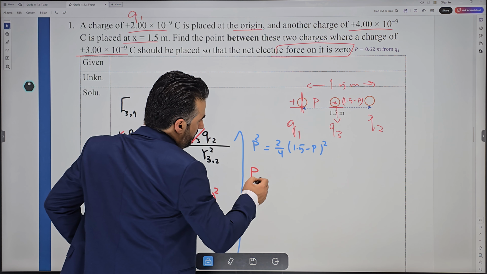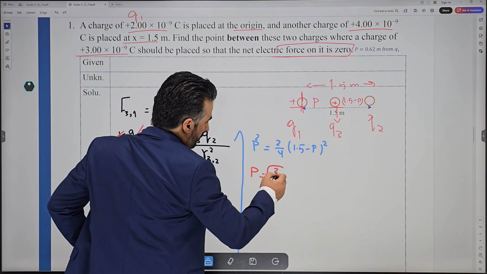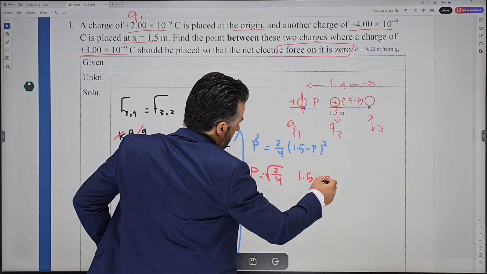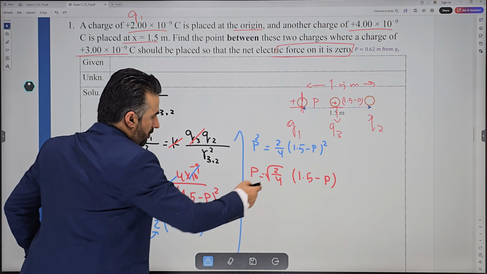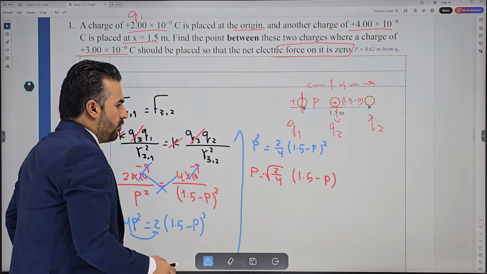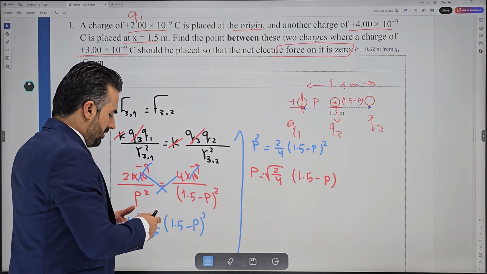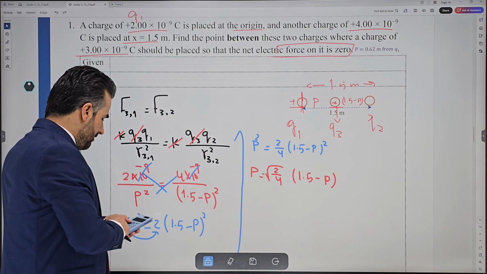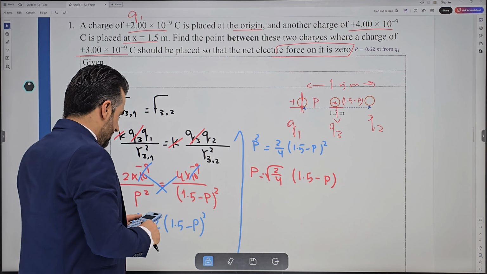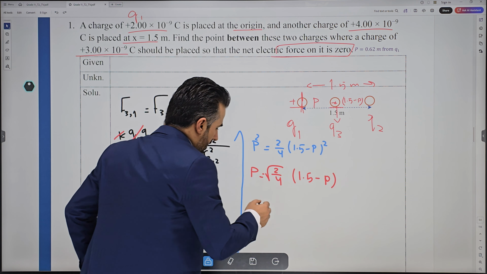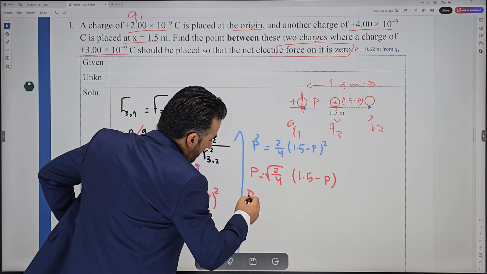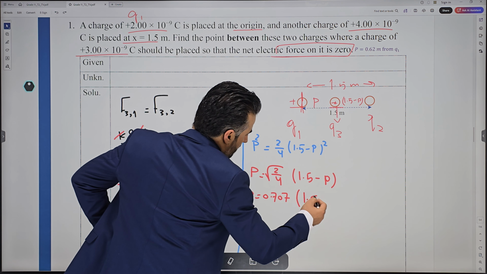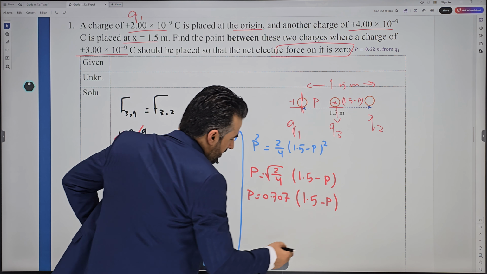What is left is P equals the square root of 2 over 4 times (1.5 minus P). The square root of 2 over 4 is equal to 0.707. So P equals 0.707 multiplied by the bracket 1.5 minus P.